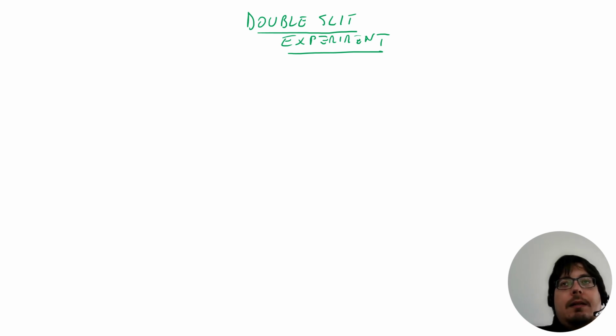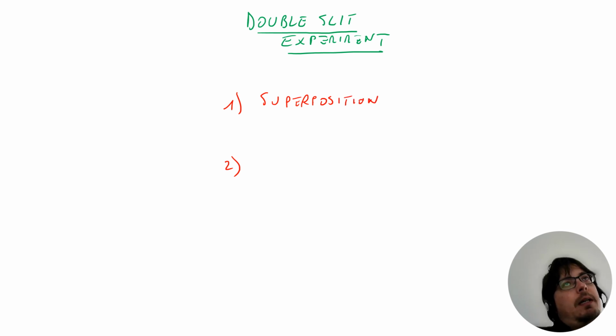It's not complicated to imagine this experiment. It's very simple. And it goes into two of the fundamentals of quantum mechanics that I touched upon in the introductory video that I already made. That is superposition and collapse.